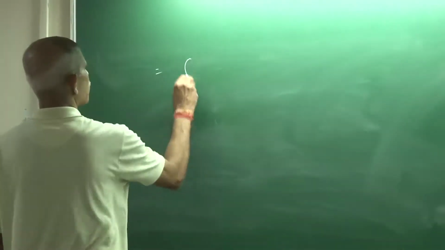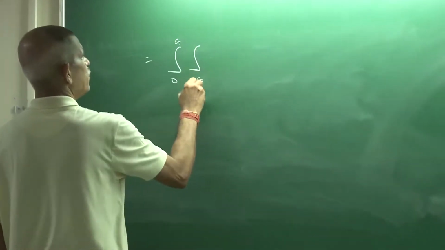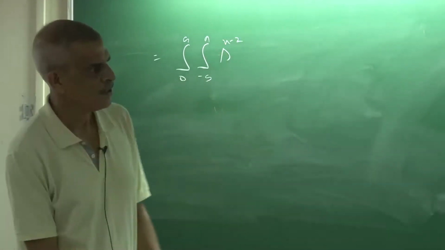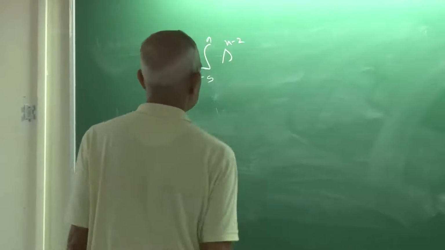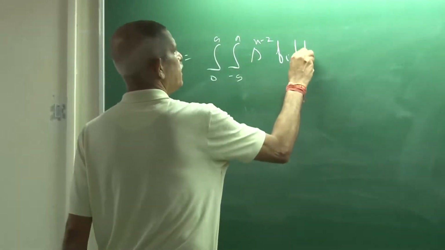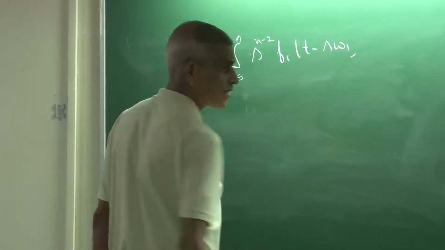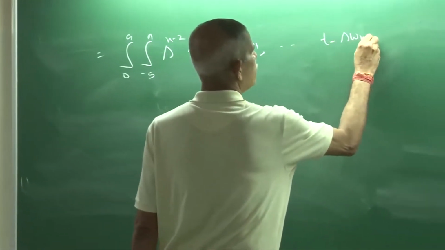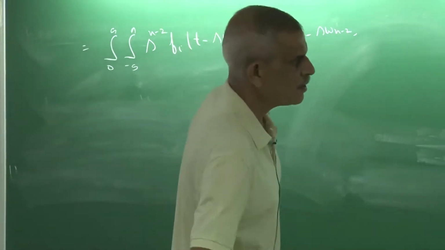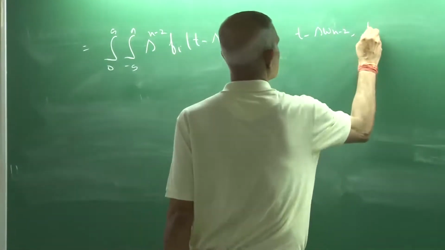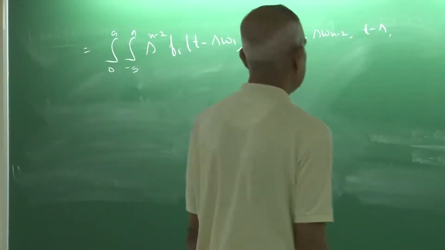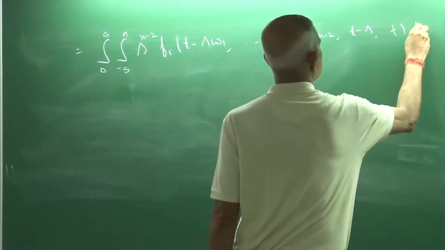So this becomes 0 to infinity, minus infinity to infinity, s to power n minus 2 phi of t minus sW1, because I have put s as minus s, t minus sWn minus 2, then t minus s and t, dt ds.